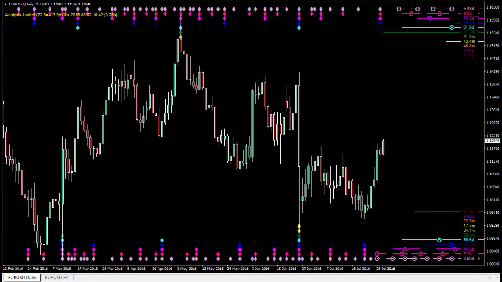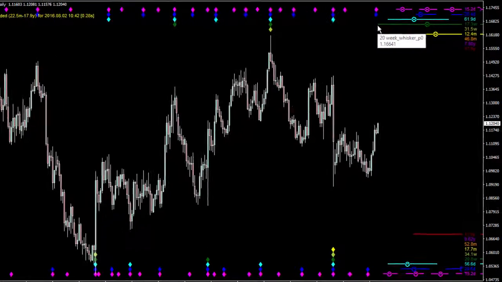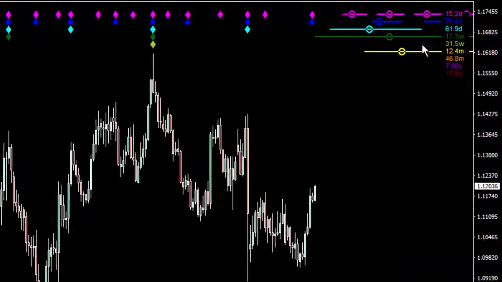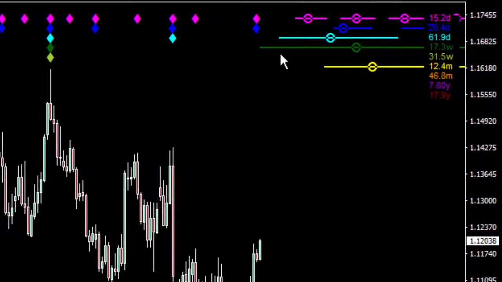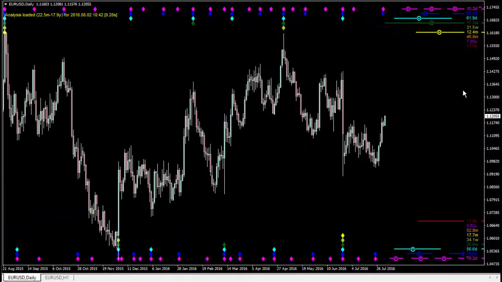Now let's zoom out again and let's take a look at what's happening at the right hand edge of this chart. Here we can see the whisker for a 20-week cycle peak, which is this green line over here. Now that whisker represents, of course, the range of time in which the peak could realistically occur.